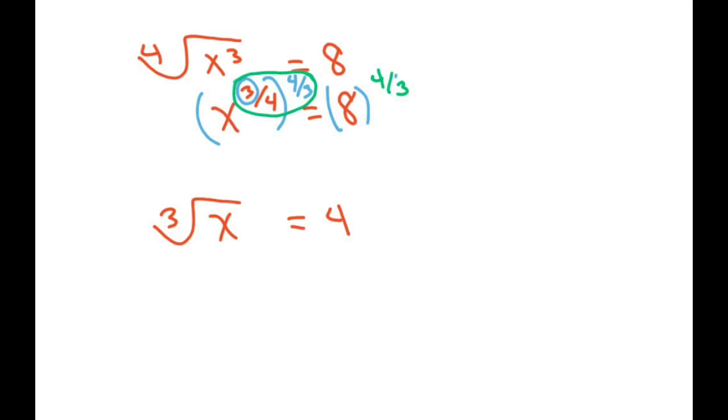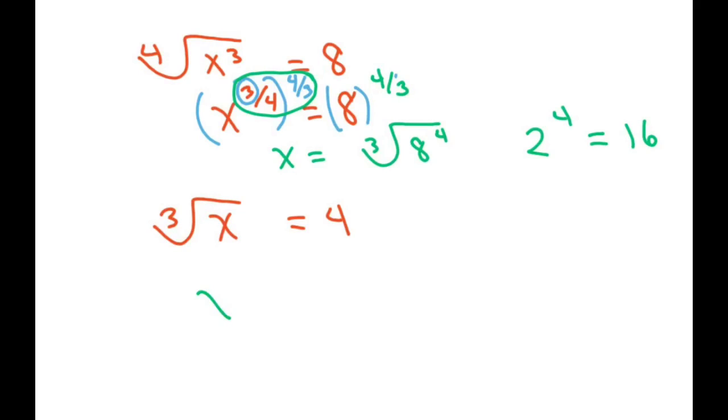That's why we did that. This was the inverse of 3/4. So you get x equals, and I'm going to write this as the cube root of 8 to the 4th. The cube root of 8 is 2, because 2 times 2 times 2 is 8. Then you get 2 to the 4th, and 2 to the 4th is 16.